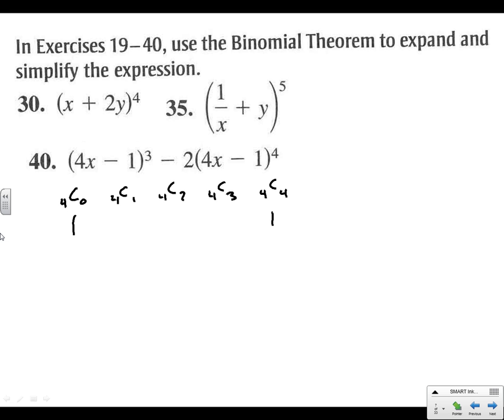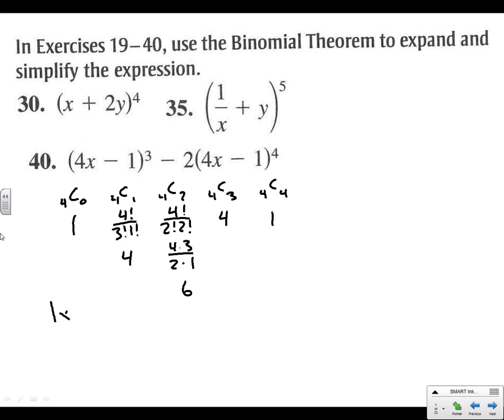So let's go ahead and do the next one. 4 factorial over 3 factorial, 1 factorial, which is 4, and 4, and then 4 factorial over 2 factorial, 2 factorial, which is going to be 4 times 3 over 2 times 1, which is 4 times 3 is 12 divided by 2 is 6. So 1, 4, 6, 4, 1.